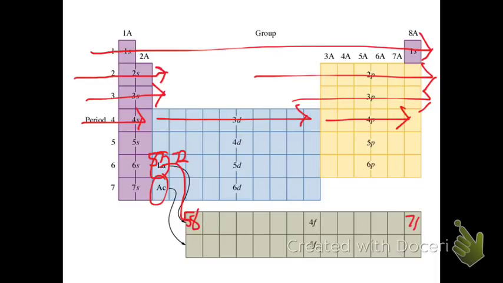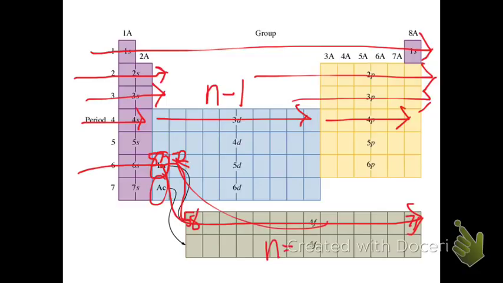So if we're coming along and we're filling this up and we get to here, we have to take a detour and go to pick up our F block, and then we come back up to fill the D block. Okay? You'll notice that the D block of the periodic table is always n-1, meaning 1 less than the period number, and then these are always n-2, 2 less than the period number.